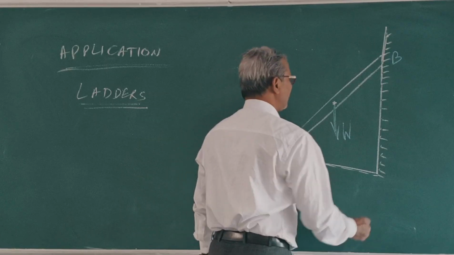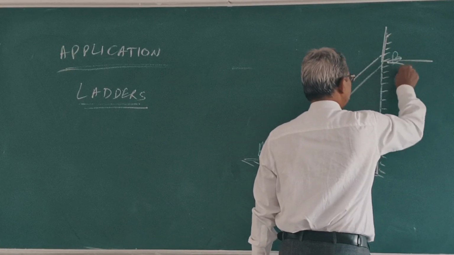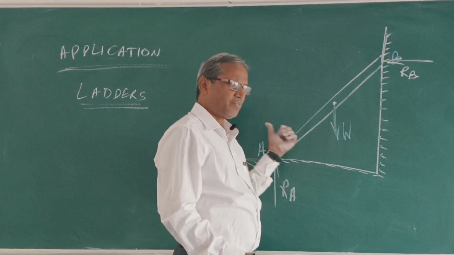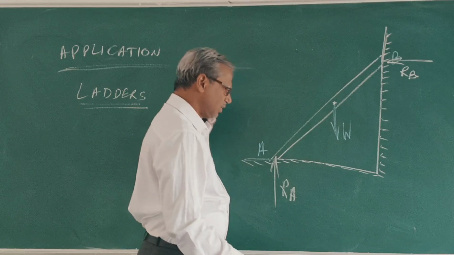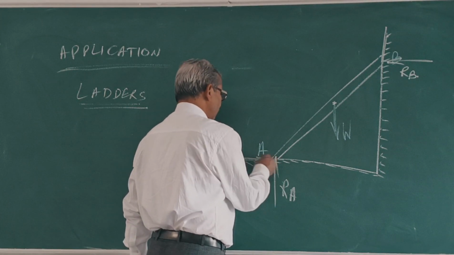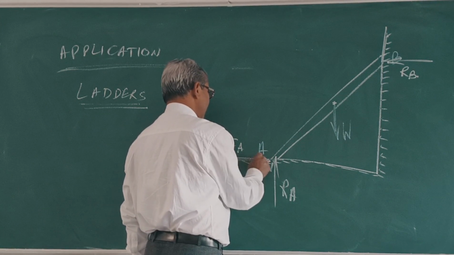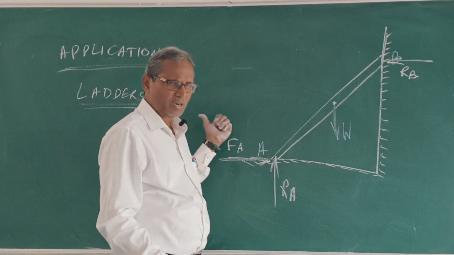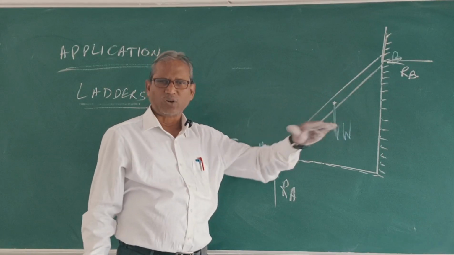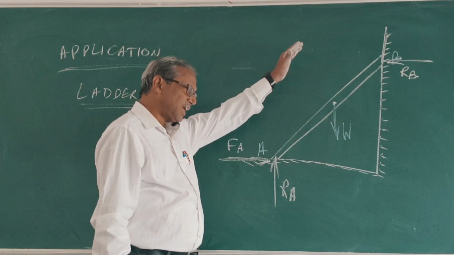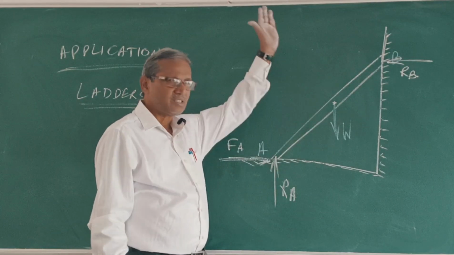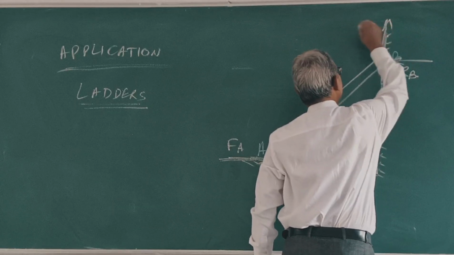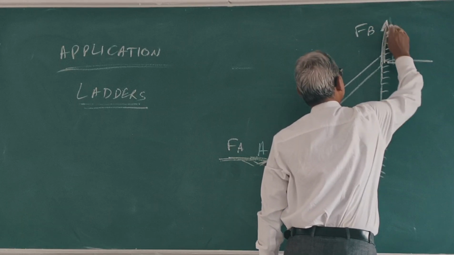At B, the reactions are RB. The ladder slips away from the wall, so friction is acting towards the wall, FA. Similarly, the ladder slips downwards, hence the friction will act upwards. This is FB. Clear?